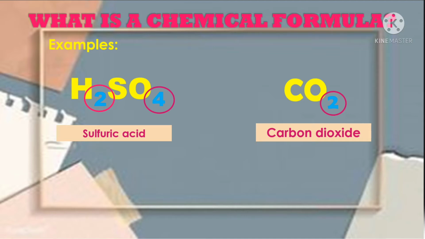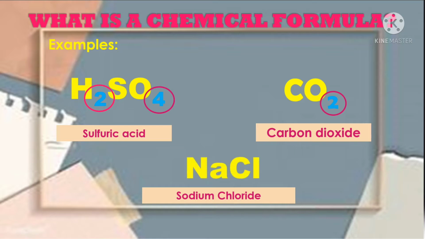Now let's go to sodium chloride. Sodium chloride is represented as NaCl. Have you noticed that there are no subscripts found? We will answer that as we go along. NaCl is also known as your table salt.